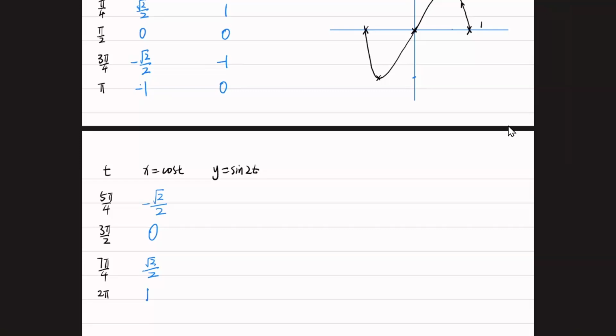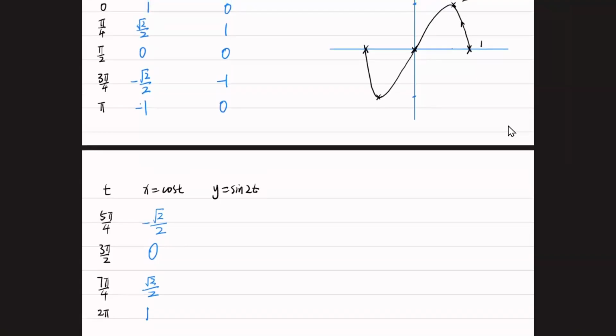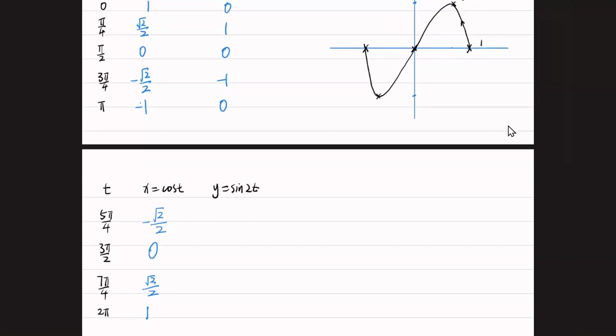Okay. And Elisa, sine 2t. If it's pi, then we have 2 pi, and sine 2 pi is 0. 5 pi over 4, so sine 5 pi over 2 is over there, 1.